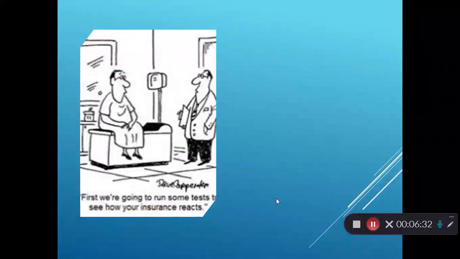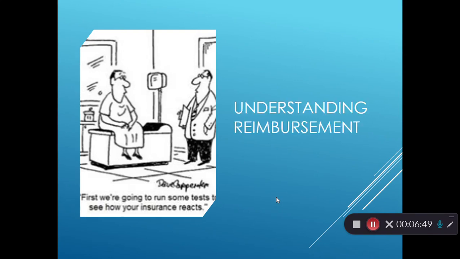We're going to run some tests and see how your insurance reacts, because there are so many different insurance plans out there that learning those is an incredibly vital part of being an administrator. It's just knowing what is covered, what is not covered, what will be covered, and what you have to do to get reimbursement.